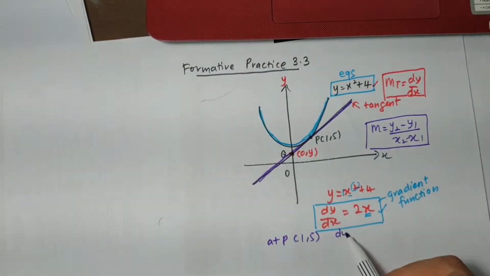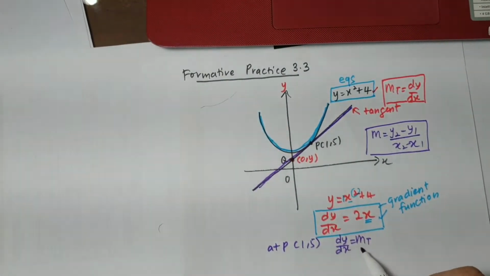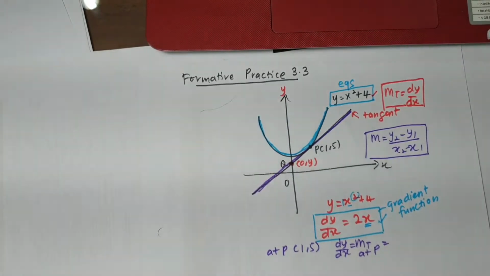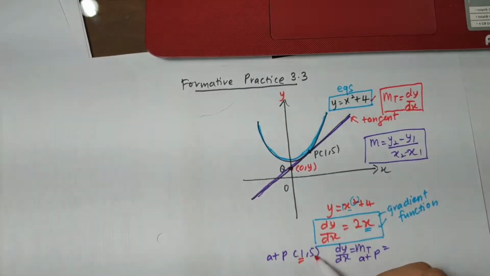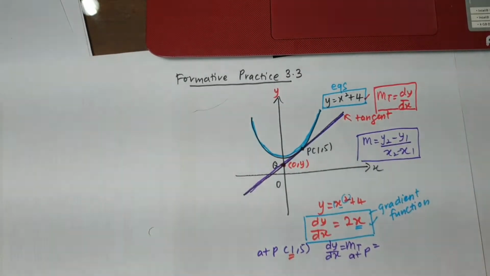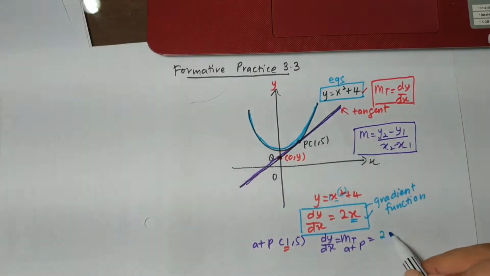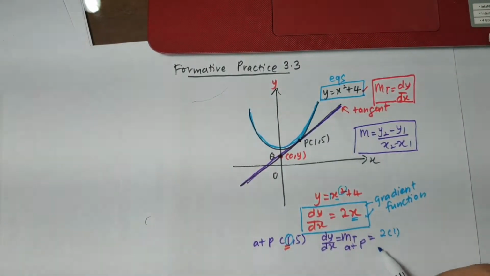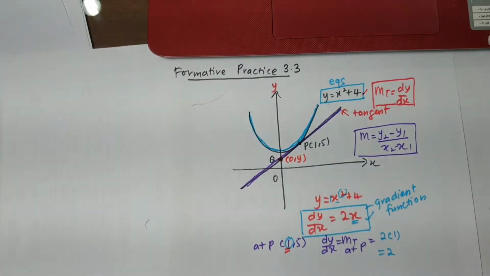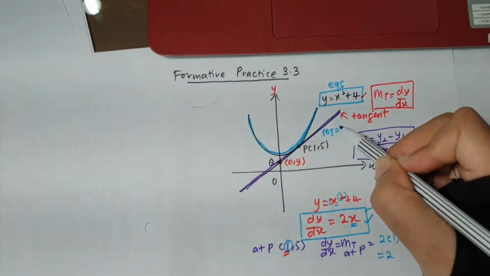So you can find the gradient of the tangent at P once you put in the x coordinate there, that is 1. Using the gradient function 2x, and right now x is 1, put in, you get 2. So you already have the gradient of the tangent here is 2.